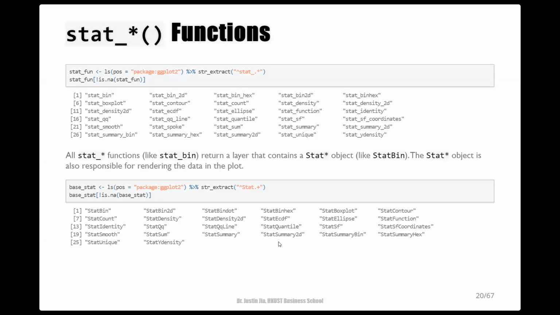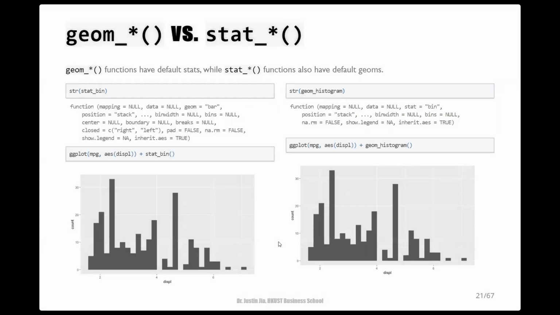We can use both of them to overlay data elements in a plot. Many stat functions have geom equivalents. And as geom functions have default stats, stat functions also have default geoms.